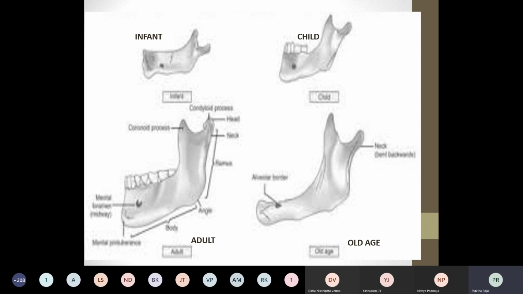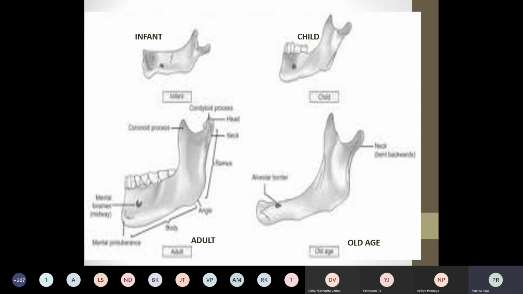Next below that, you have the adult one. In the adult, you can see the condylar process is at a higher level than the coronoid process. And in old age, again it becomes like infancy, where the coronoid is higher than the condylar process.